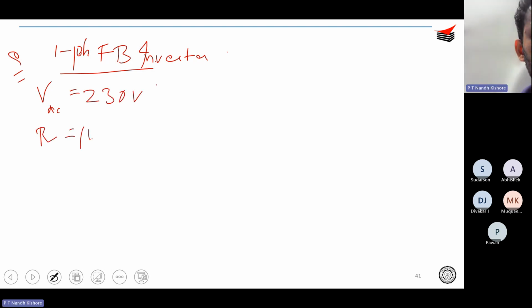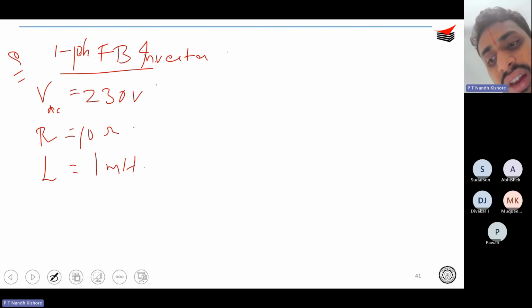The load values are R equal to 10 ohm and L of 1 millihenry. So you have an R and an L as a load.